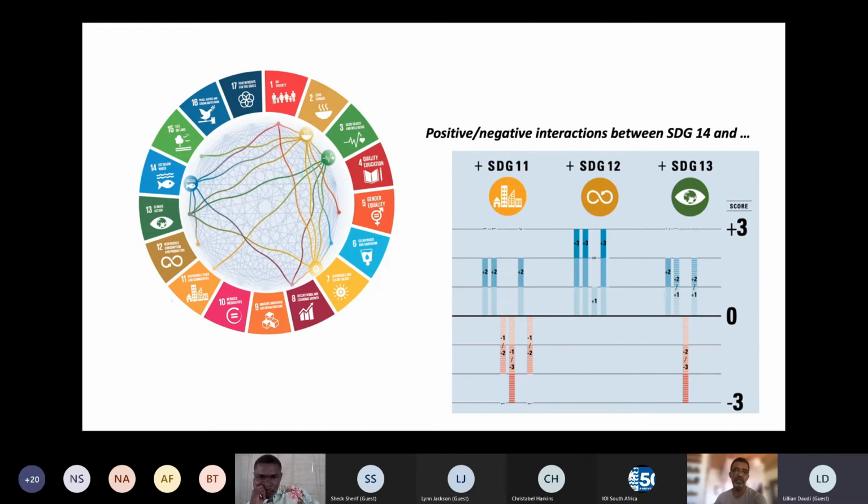And so in looking at the interactions between the targets under SDG 11, so cities and communities, and life in the ocean, the study found that 3 of those targets have positive or synergistic effects with SDG 14, but 3 of them have negative interactions.